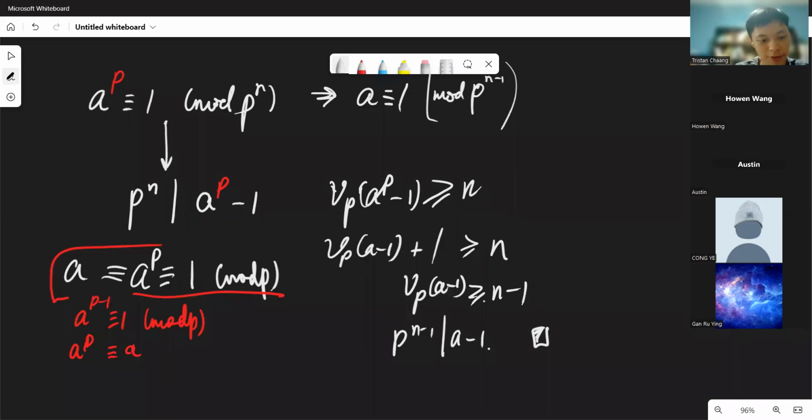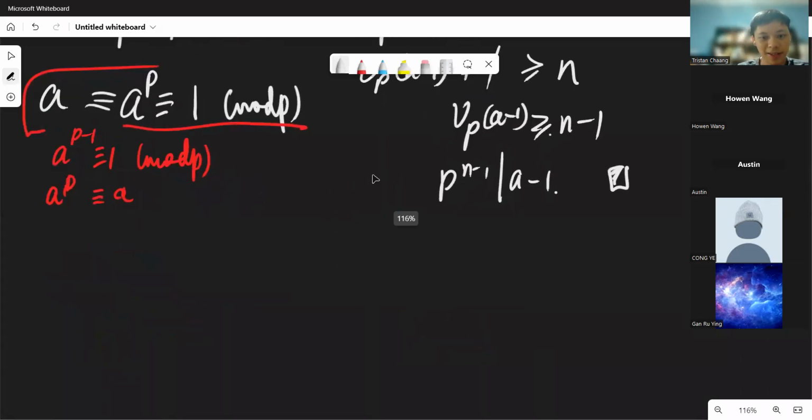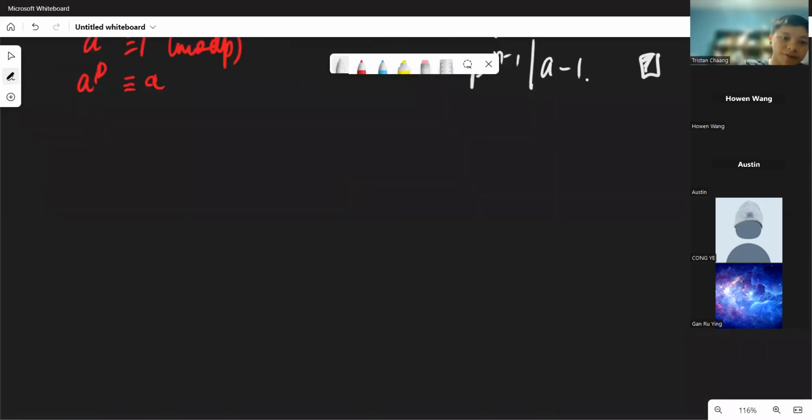All right, now let's look at the next one, which is also quite fun. So 4 times x to the n plus 1, plus 1, is a perfect cube.